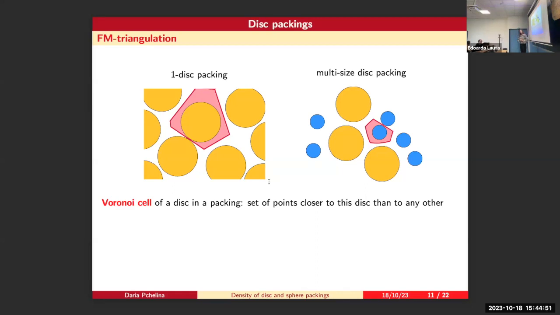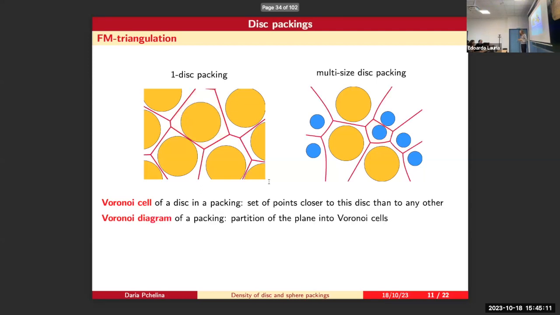We start by defining Voronoi cells of disks in a packing. A Voronoi cell of a disk in a packing is just the set of all points of the plane closer to this disk than to any other. So here is the case of a unary packing. Here is the case of a binary packing.